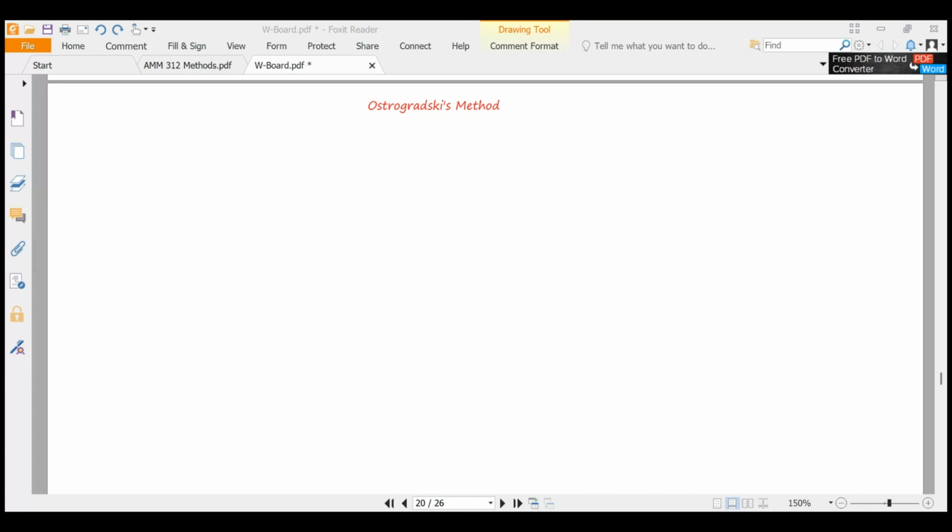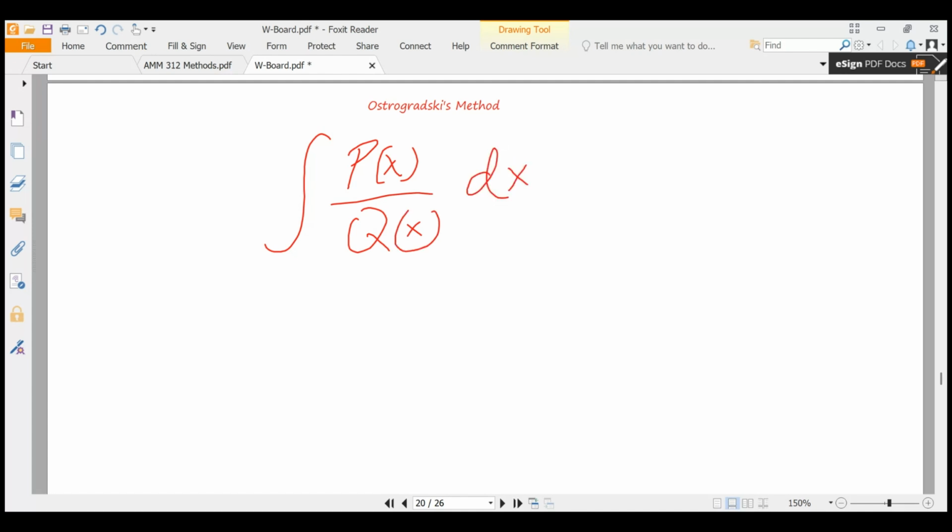Now, this method is useful when we are integrating rational functions that take the form integral of p of x divided by q of x, where p of x and q of x are polynomials of some positive degree n, and the degree of p of x is less than that of q of x, so that p of x divided by q of x is a rational fraction.